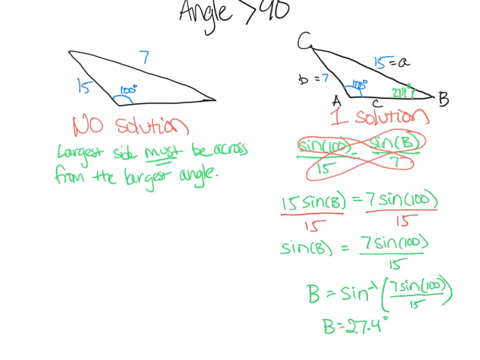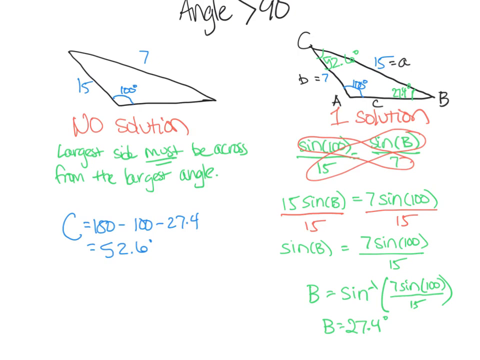So for my angle C, 180 minus 100 minus 27.4, I get 52.6 degrees. So let's plug that into our triangle. Okay, so I have all of my angles now.